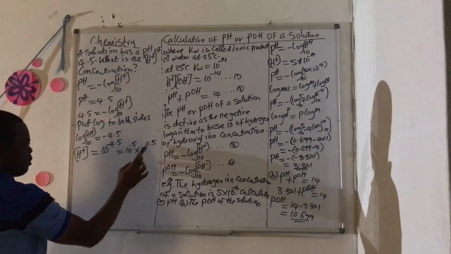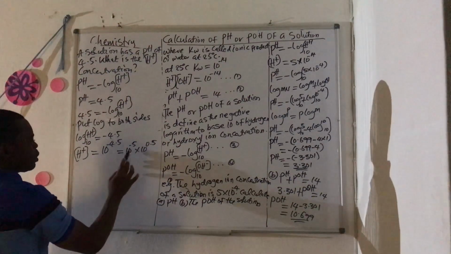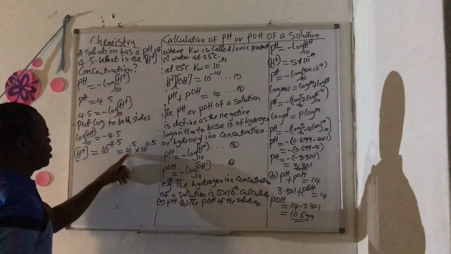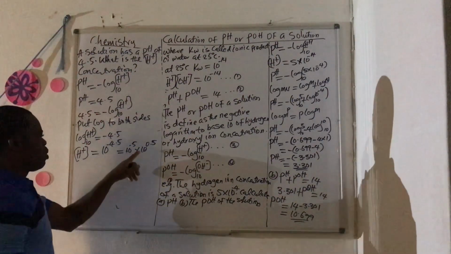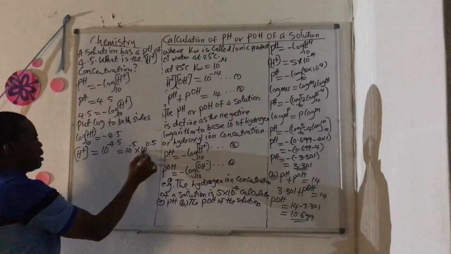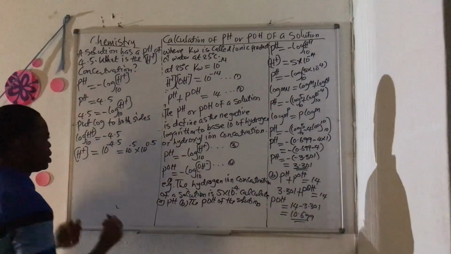By the law of logarithm, if the bases are the same, you take the base and add the powers. If you add these powers, you still get 10 raised to power minus 4.5, which is the same thing.